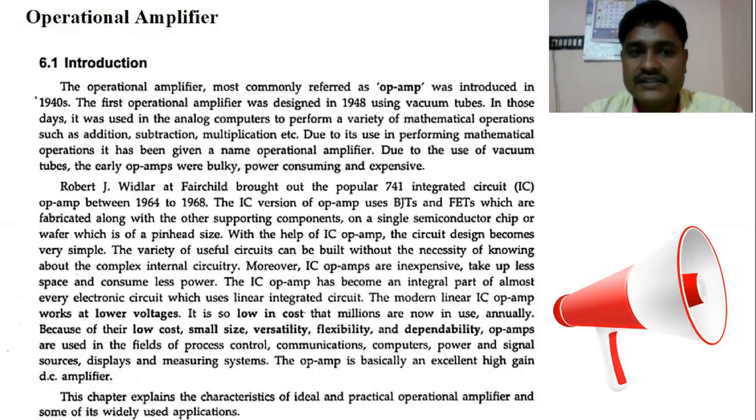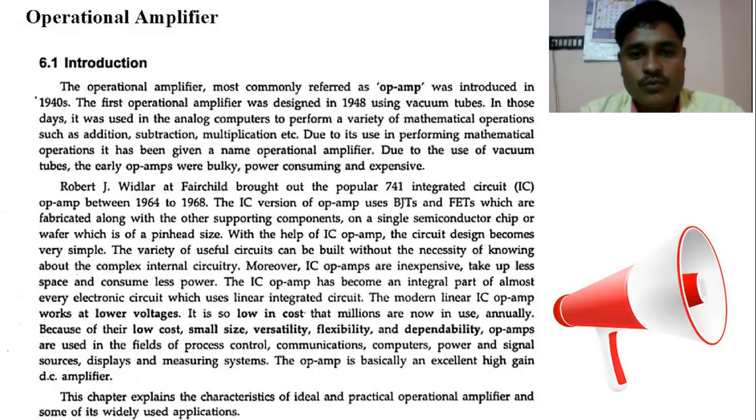After a long journey of research and development, Robert Widlar at Fairchild brought out the popular version of the IC op-amp, that is IC741, integrated circuit, between 1964 and 1968.